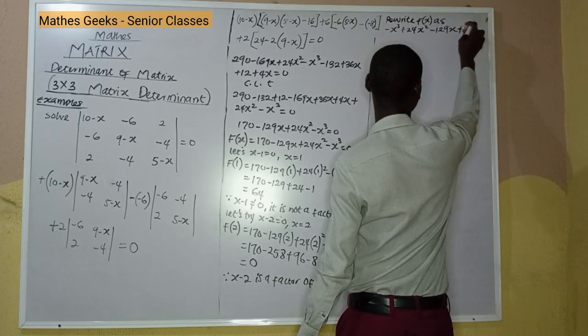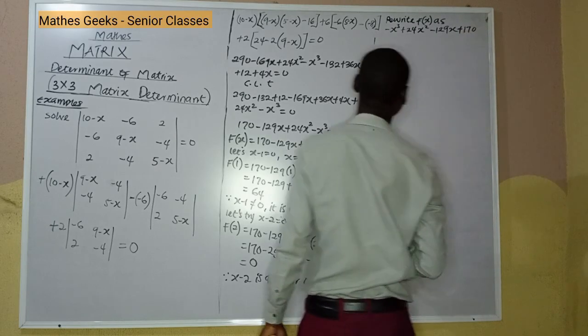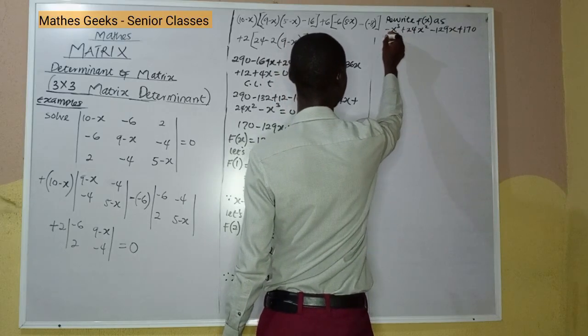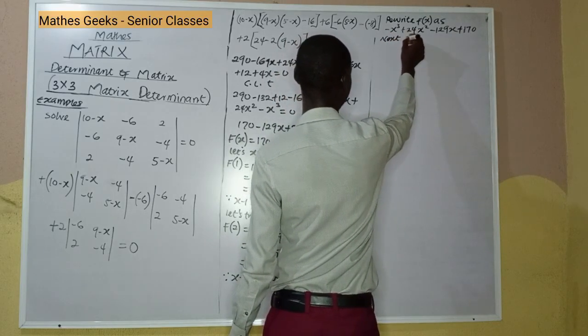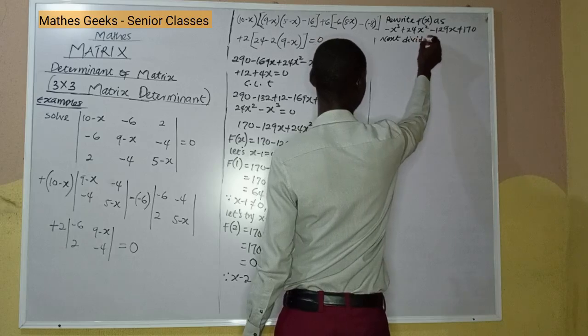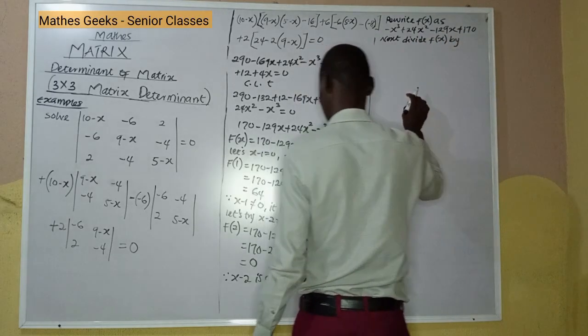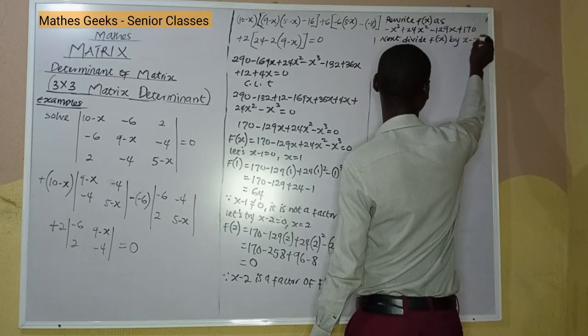So we can, okay, next is to divide f(x) by x minus 2.